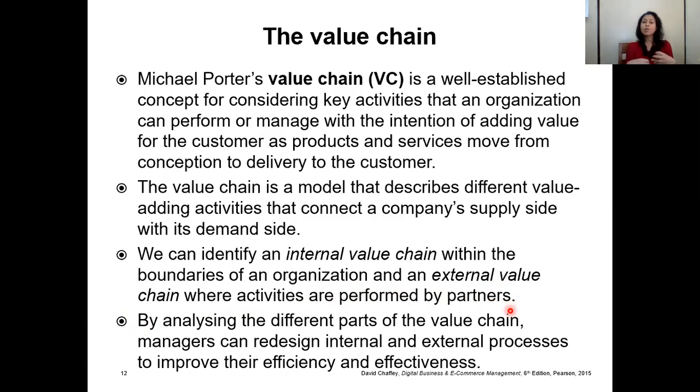Any parties which are outside the organization might also have value chains, right? They are external value chains. Still, those value chains also are useful for us in order to run our business smoothly, right? So therefore, the internal value chain and external value chain both need to be paid attention to, right?